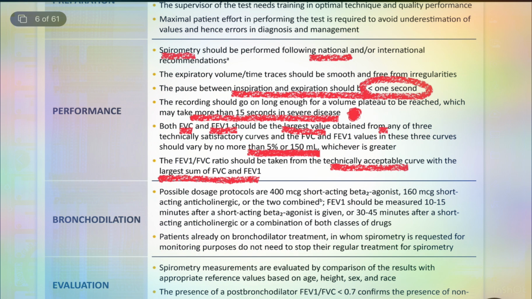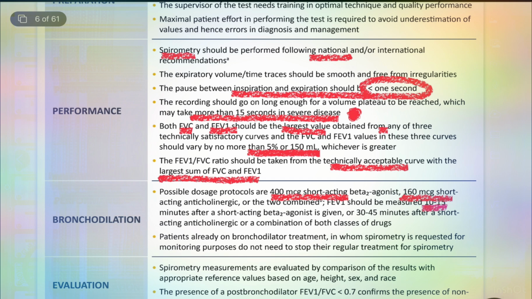About the bronchodilation, they are telling possible dose protocols are 400 microgram of short acting beta agonist, like 400 microgram of salbutamol, and 160 microgram of short acting anticholinergic, or the two combined. We can give them combined also. FEV1 should be measured after 10 to 15 minutes.